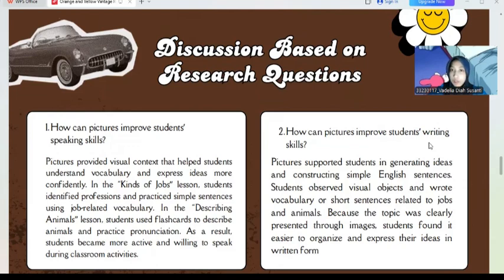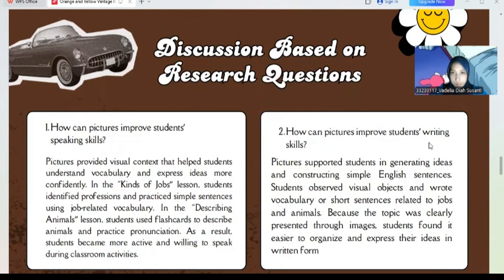They identify each job and participate by making simple sentences such as "She is a teacher" or "He is a doctor." In the describing animals lesson, students use flashcards to describe animals by mentioning the color, body part, or characteristic. Because they could see the picture directly, they found it easier to express their ideas.